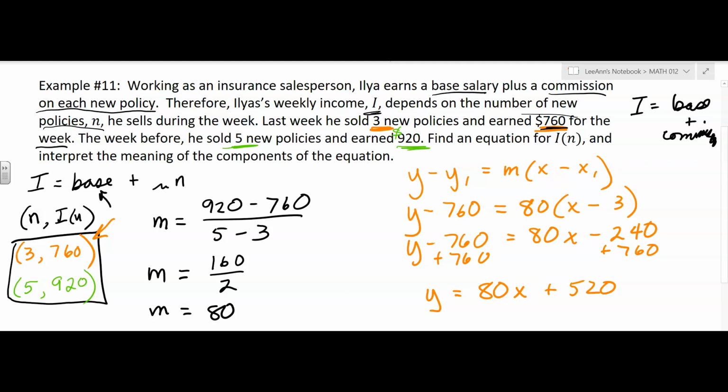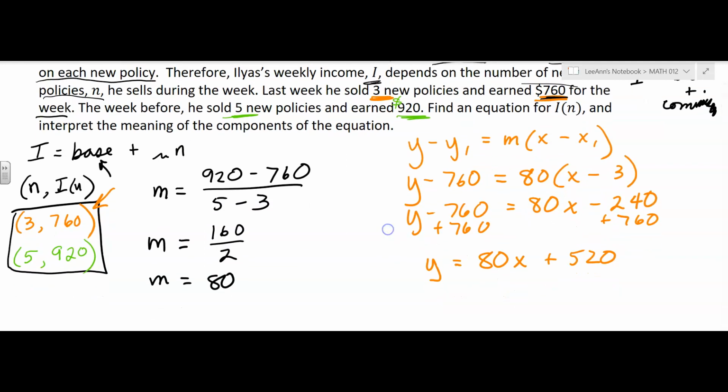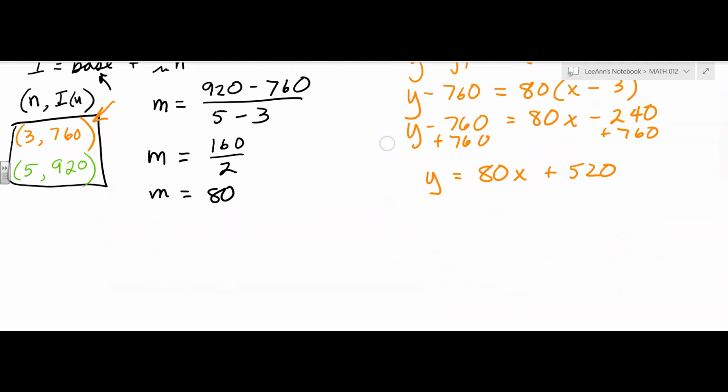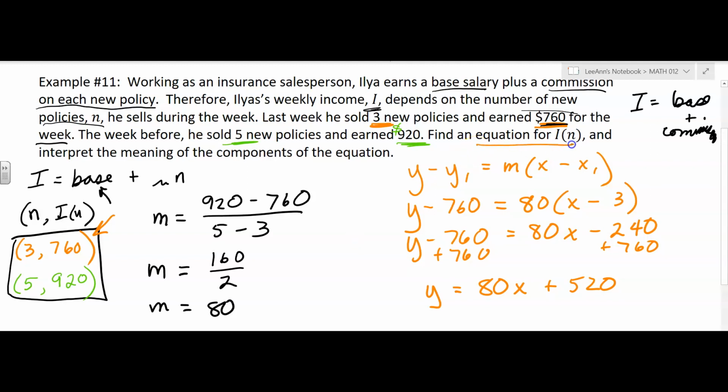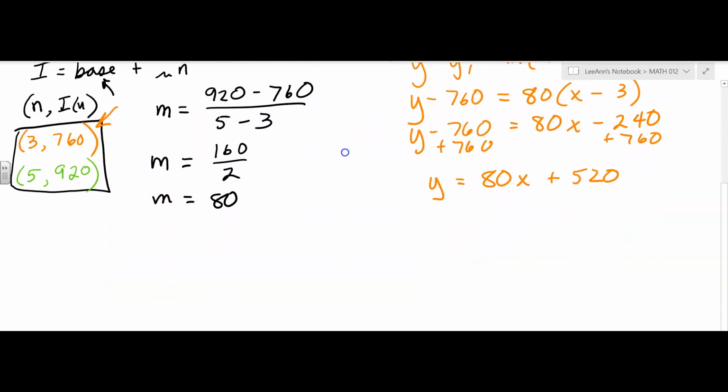And let me scroll that up a little bit. Okay, now they ask us, before I scroll up, they ask us, find the equation for I of n. So I haven't written that yet. I need to do that. And interpret the meaning of the components of the equation. Okay, so this is a good question. This is a good thinking question.